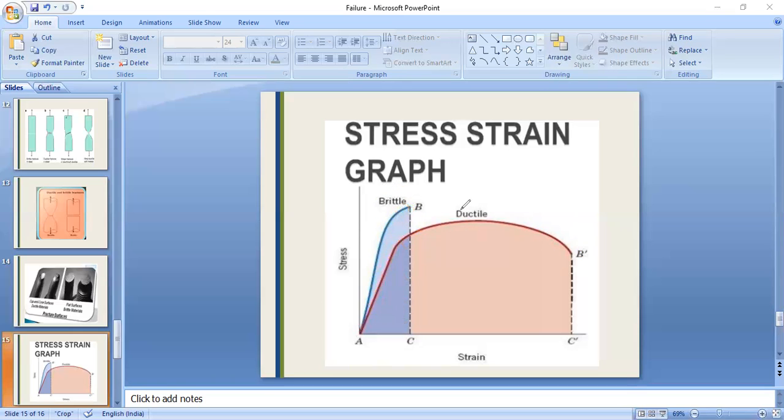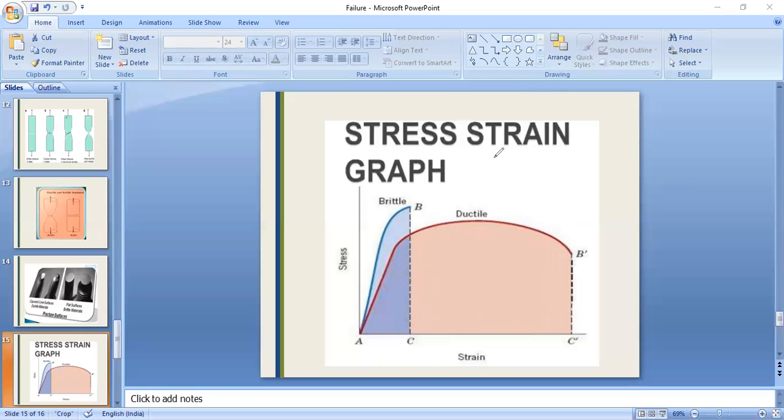The same thing you can see: the area for a ductile metal is very large compared to the brittle metal. This entire area is the energy absorption of the material before that fracture.